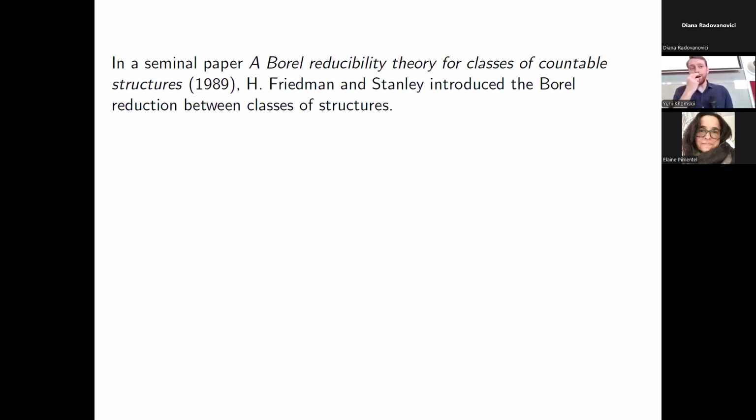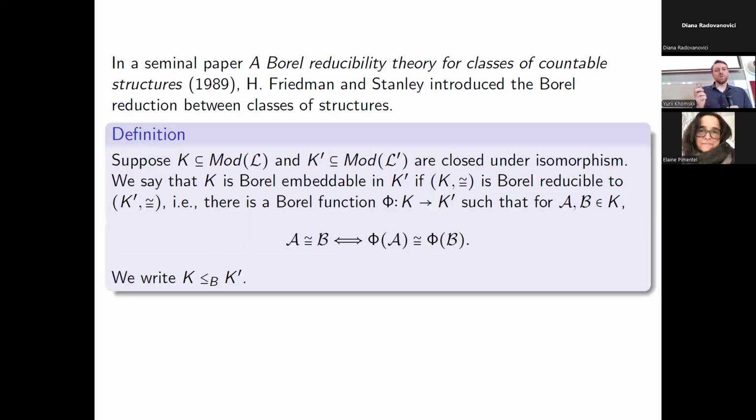So there was a really seminal paper in 1989 called the Borel reducibility theory for classes of countable structures. So this is by Harvey Friedman and Stanley. And they said, okay, let's look at Borel reduction between classes of structures in the following sense. So suppose I have two classes of structures, possibly in different languages.